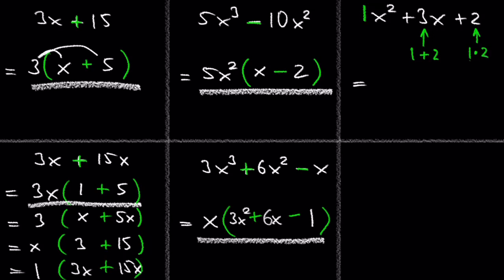What we're going to do now is to write these two numbers in parentheses with an x respectively. X plus 1 times x plus 2.